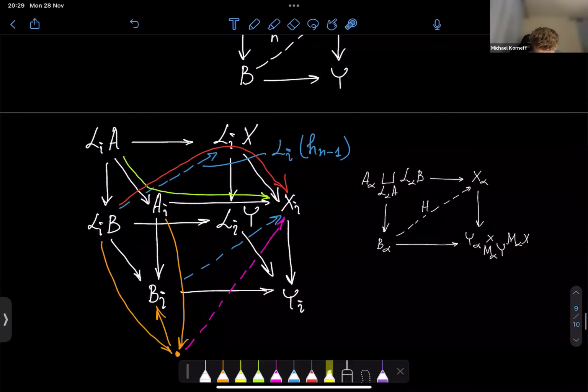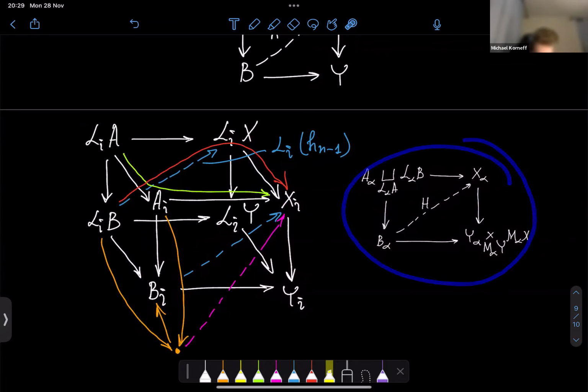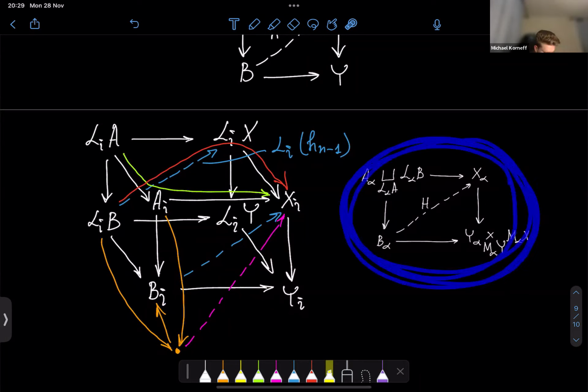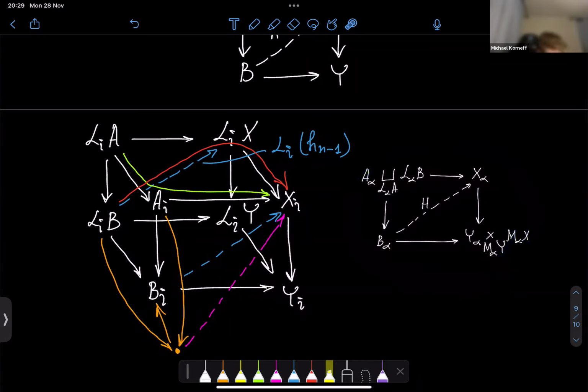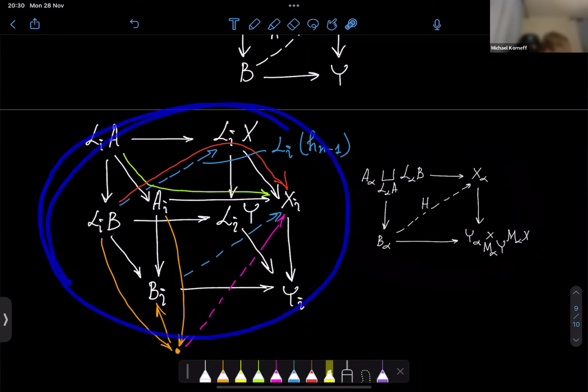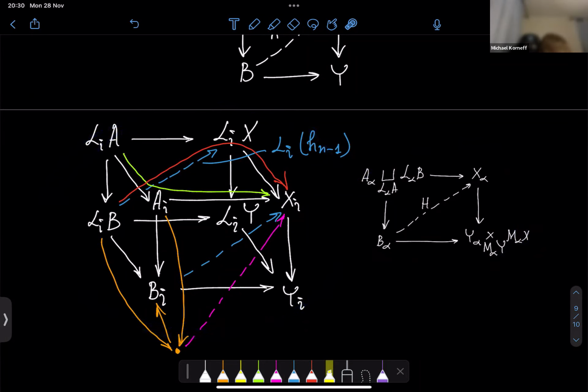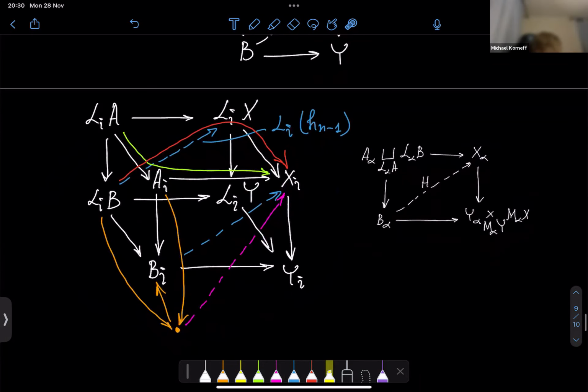Okay, and after that, we should verify that if we have a lifting in this diagram, how can I find this diagram in this cube? It's quite simple.